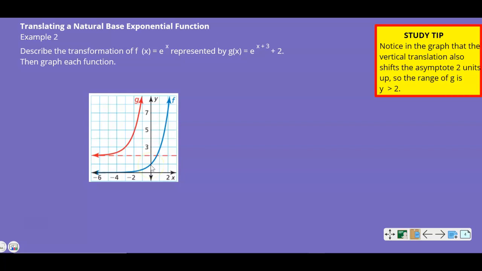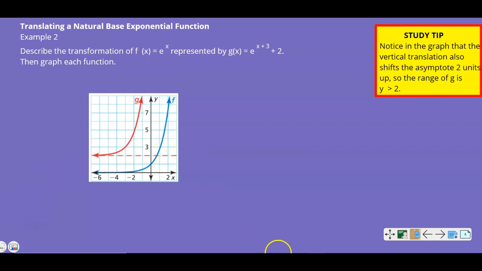Every point's going to move the same, but you can see that it moves 1, 2, 3, 1, 2, and this would be where the y-intercept moved to. So g of x is just a transformation. Again, the asymptote moves with the vertical movement. So when it moved up 2 units, the asymptote moved from 0 up to y equals 2. So your range would change for this one as well.